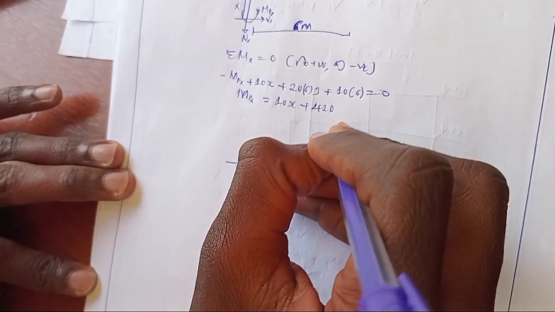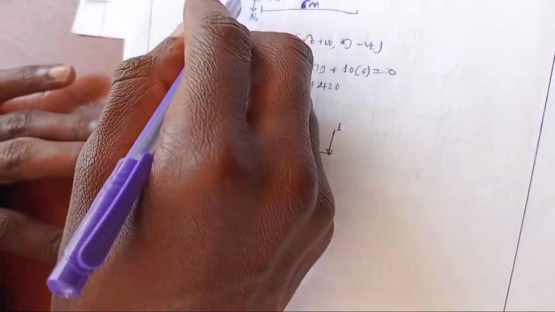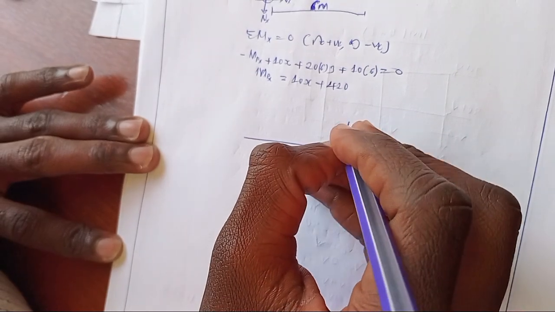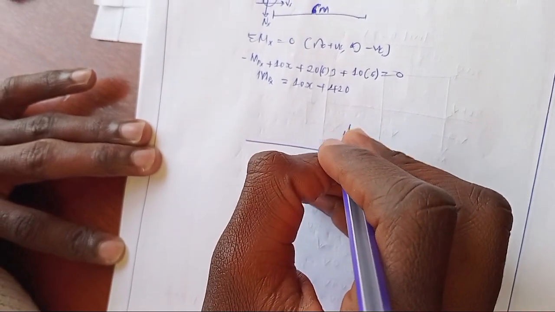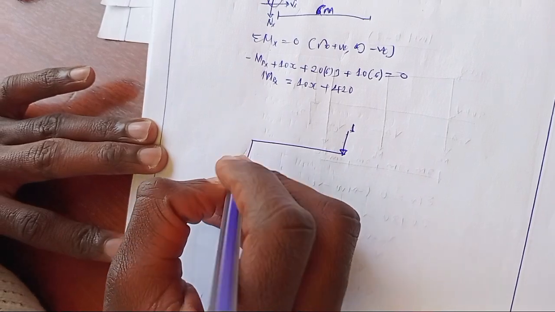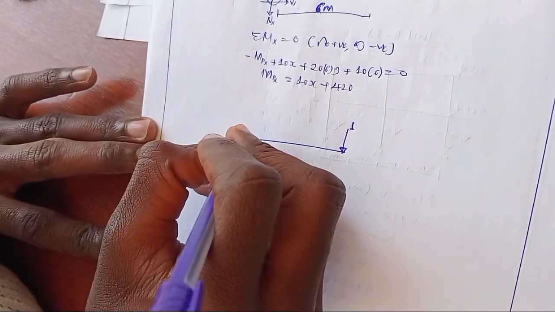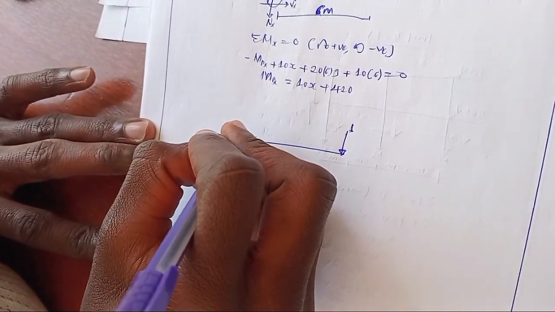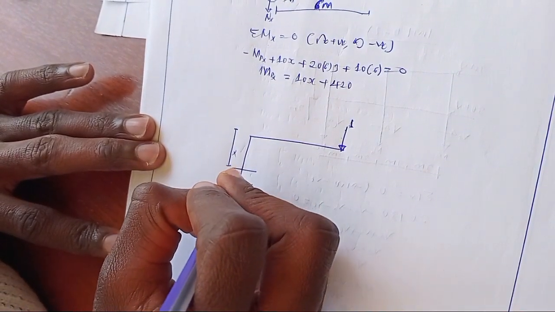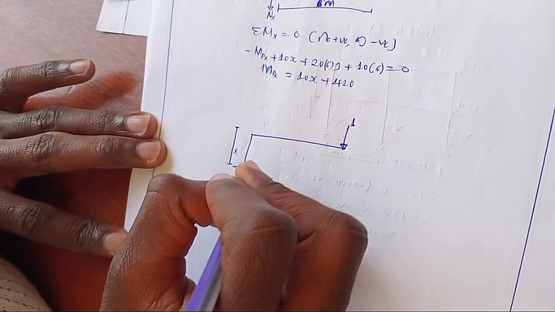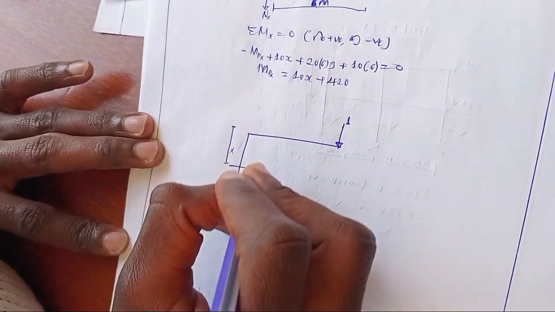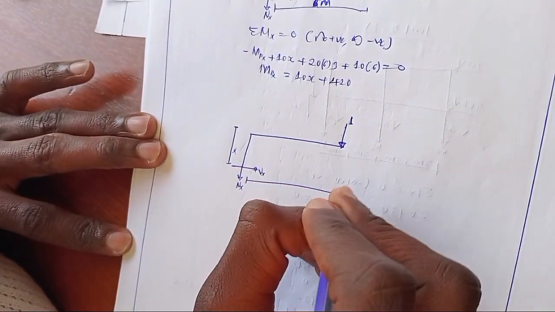This is the unit load at point A. Here, this is distance x. This is the normal force and shear force at point x. From this point to this point was 6 meters.